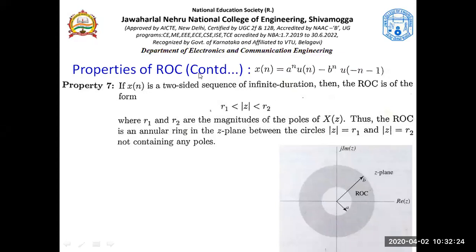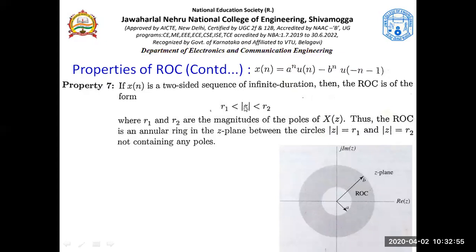So for a positive time exponential, the ROC should be outside the Z equal to A circle, and within the Z equal to B circle. Z equal to A circle means Z equal to R1. Z equal to B circle means Z equal to R2 circle.